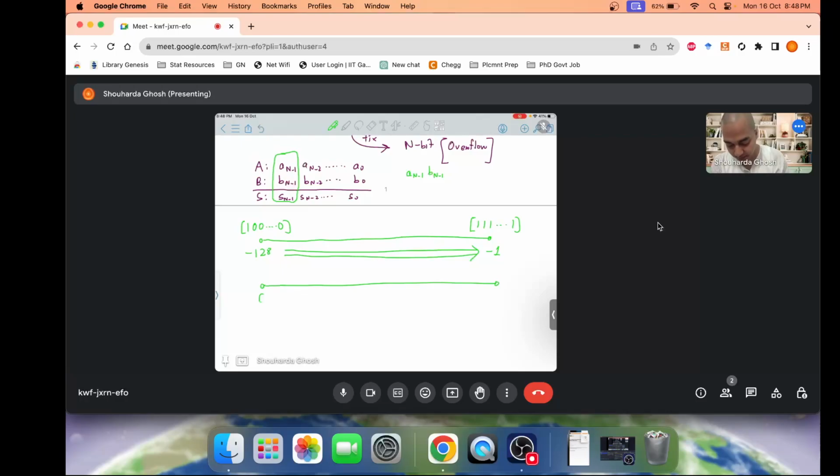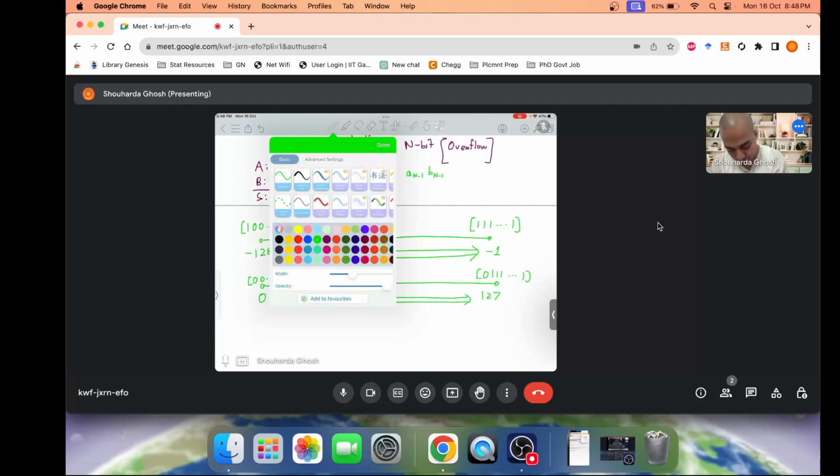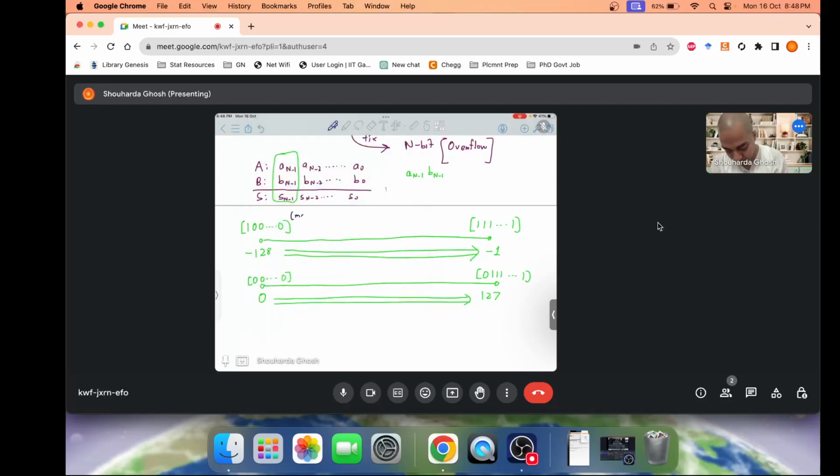In 0, it's all zeros, and in 127, only the MSB is 0 and the rest are all ones. Max zeros except MSB, max ones except MSB. So the same holds for both of them.